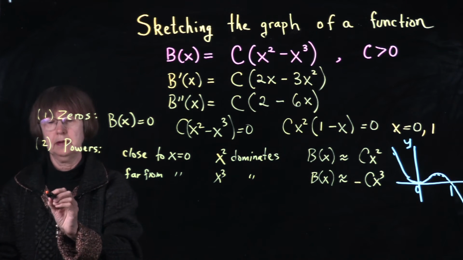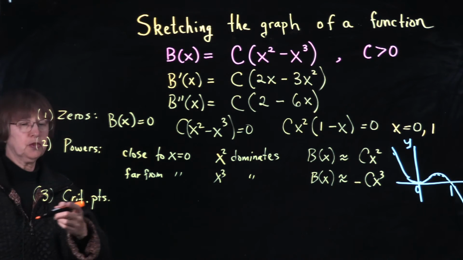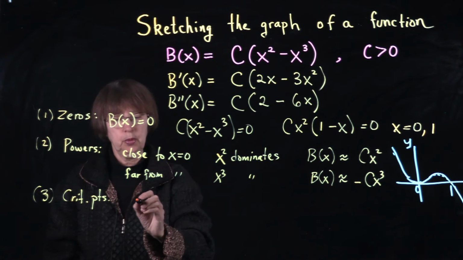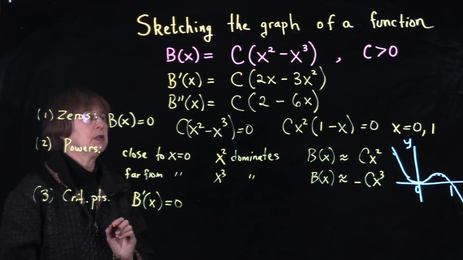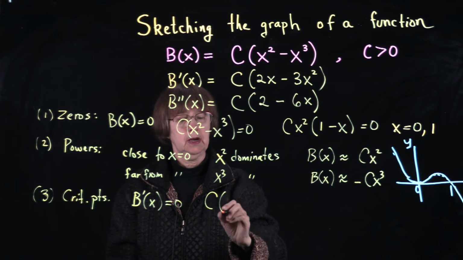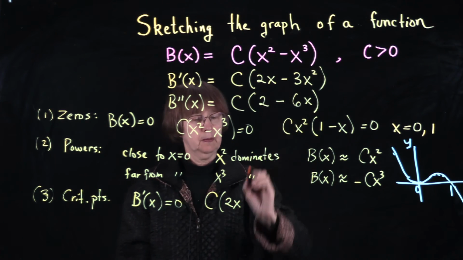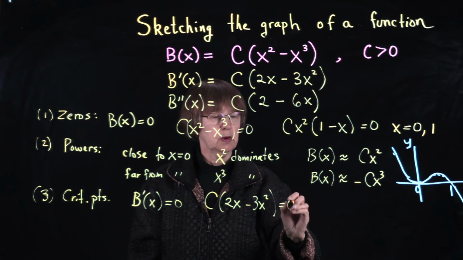Next, let's look at critical points. In order to determine where the critical points are, we have to find values of x for which the first derivative is 0. So we're going to be solving the equation c times 2x minus 3x squared equals 0.